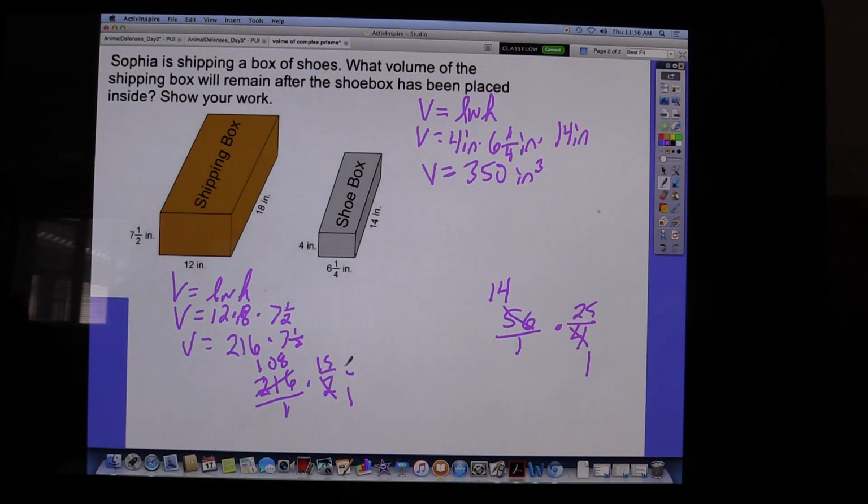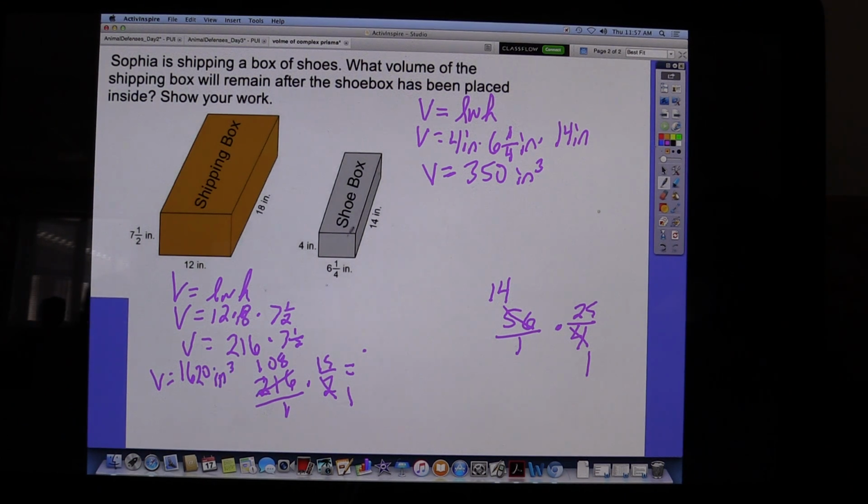So 108 times 15, let's get that, using my calculator again. And that gave me 1,620. I know that's over 1, so the volume of this shape is 1,620, and that's also inches cubed.